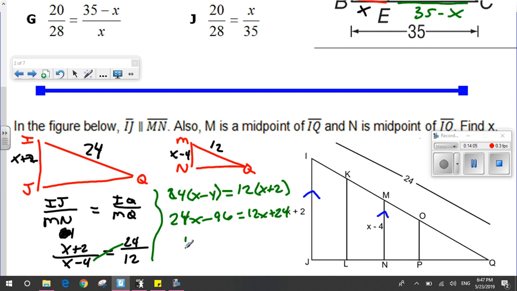Subtract 12x, so that's 12x minus 96 equals 24. Add 96, so 12x equals 96 and 24 is 120.